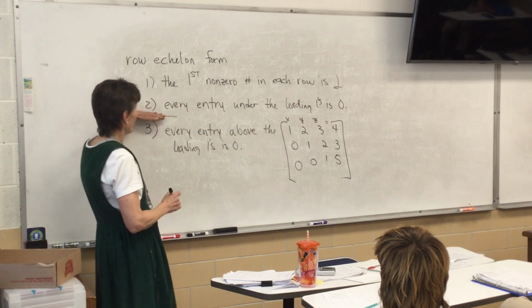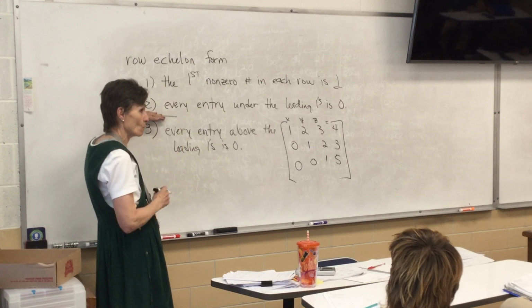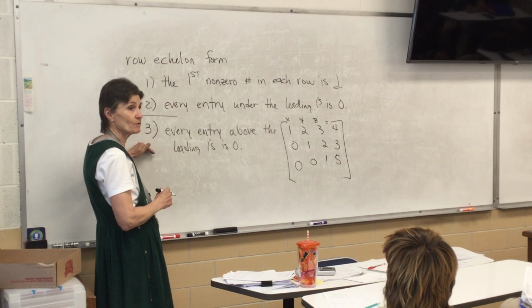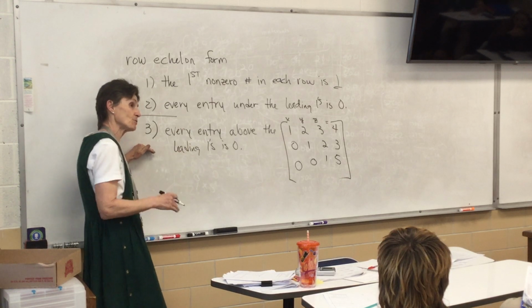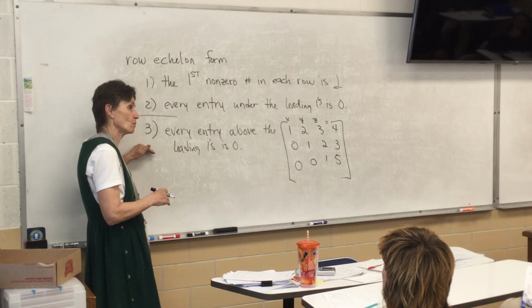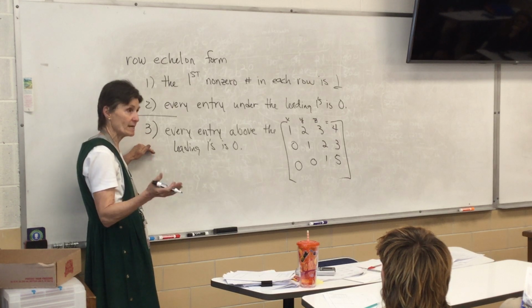So criteria 1 and 2 give you row echelon form, and 1, 2, and 3 give you reduced row echelon form. The process of putting a matrix into reduced row echelon form is called Gauss-Jordan reduction.